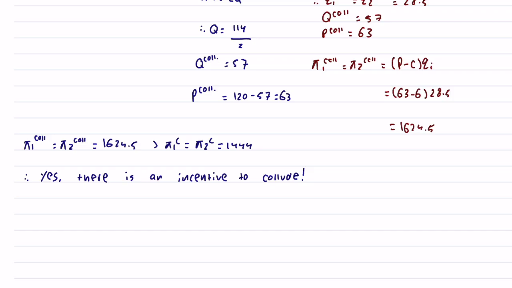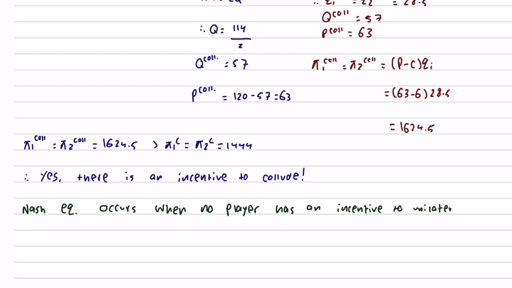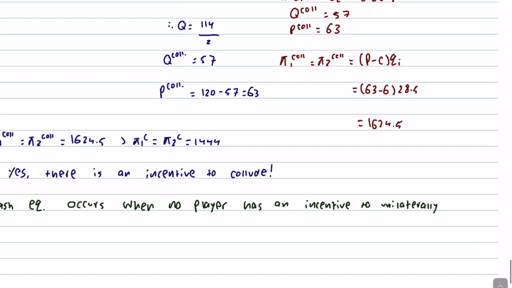Perfect. Now the question that we have to ask is: is collusion a Nash equilibrium, right? And recall that Nash equilibrium occurs when no player has an incentive to unilaterally deviate, right?